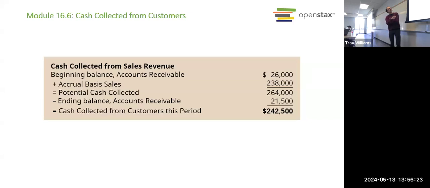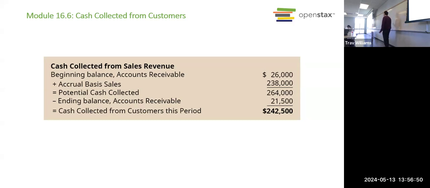So if you take your beginning accounts receivable, how much your customers owed at the beginning of the period, add your new sales, it doesn't matter if they're credit sales or cash sales, it's all your sales for the period, and then you subtract how much your customers still owe you at the end of the period, that tells you how much cash you collected from your customers.